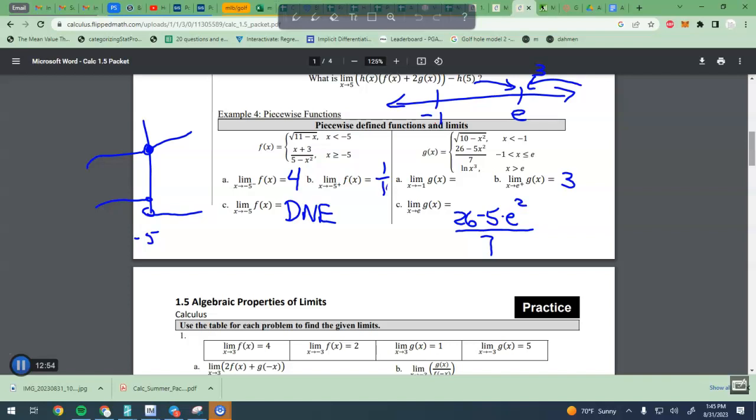Let's call it 3, just as an estimate. What's 3 squared? 9 times 5. 26 minus 45. Now we're at a negative number divided by 7. It's not going to match. Fair enough? It's not -3. It's not 3. So if it's not 3, what's my answer here? Does not exist.